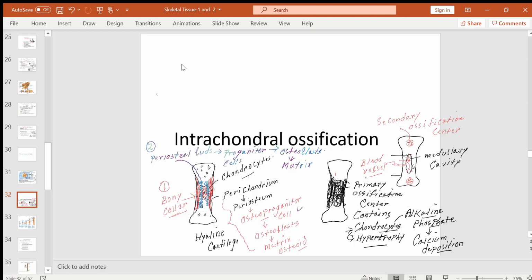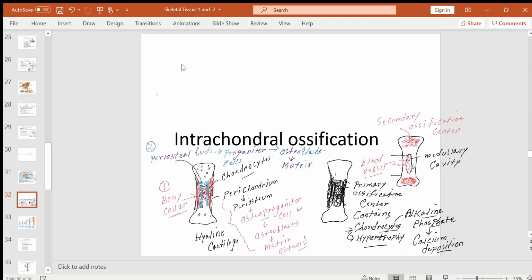So at the ends of the cartilage, secondary ossification centers will be formed, and the chondrocytes will secrete the alkaline phosphatase and the tissue will become bone tissue here from the secondary ossification centers.